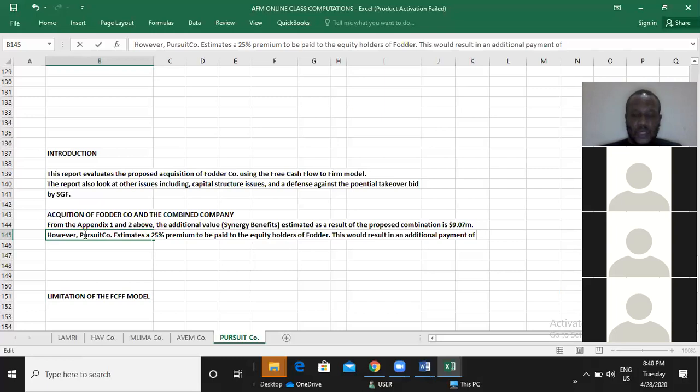So 25% of 90%. I think their equity is 90% of $40.01 million. Remember that the premium is to the equity holders, not to the whole firm.